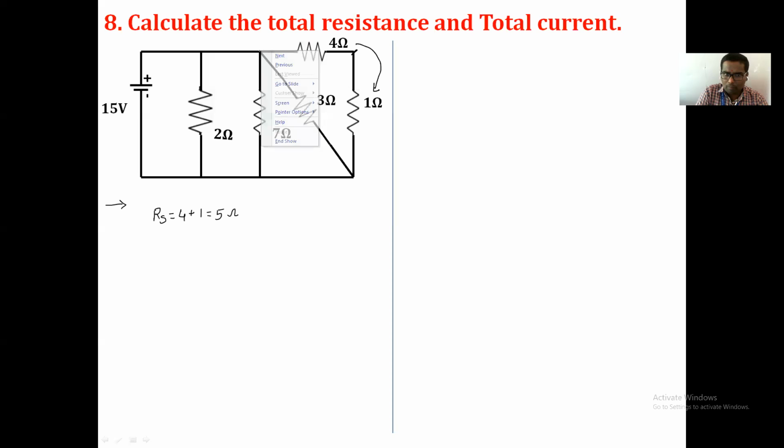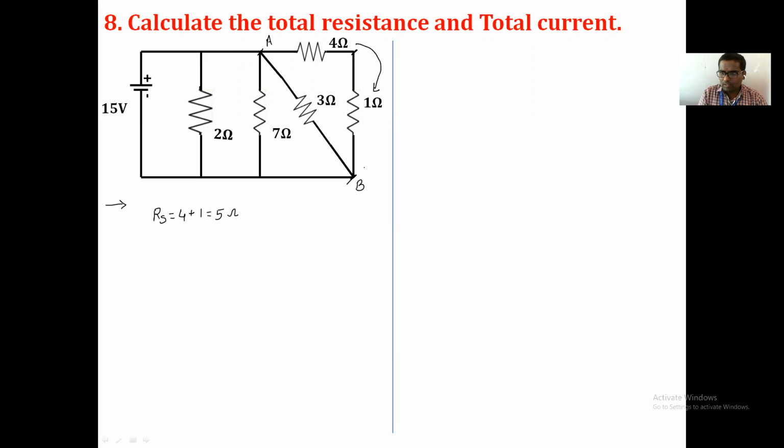This is the first point where this 4 ohm branch is connected, and this is the second point where the 1 ohm is connected. Means we can say that in between the points A and B, this 4 ohm and 1 ohm is connected in series.